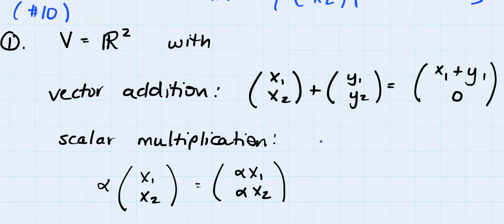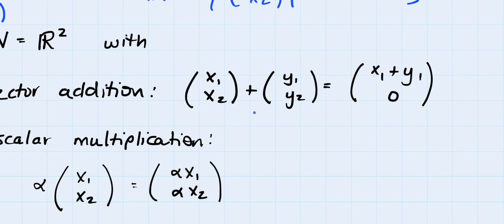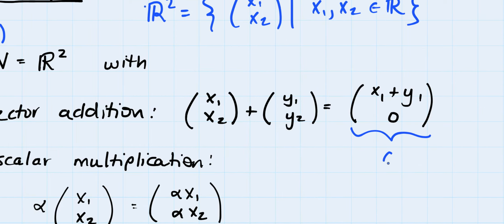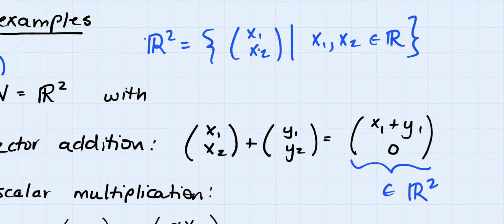So you want to look back at all your properties, make sure you have the properties in front of you, and let's talk about them. First thing I would check is if the set is closed under vector addition and scalar multiplication. So if we add two vectors in R2, does this sum belong to R2? And the answer is yes. If we put anything here and a 0 here, well, 0 is a real number, so it is in this set.